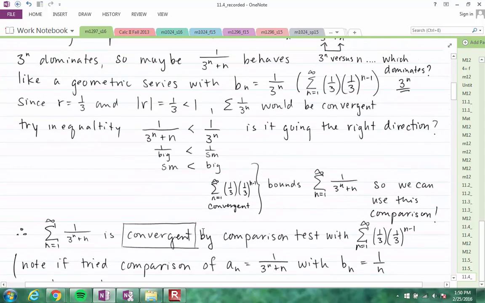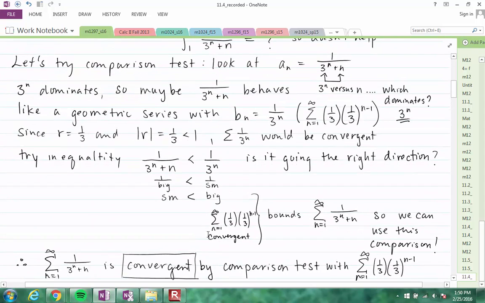So it is going to be convergent, but if you just think about it as well, if we have our bound with our b sub n and it's convergent, then with our positive a sub n, that series is going to converge as well. So it also just makes sense.